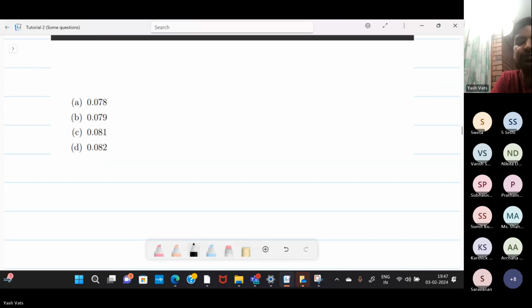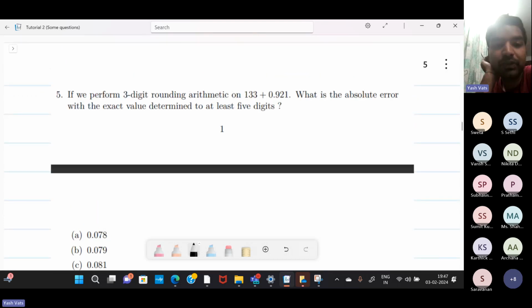Okay, what is, if we perform 3-digit rounding arithmetic on this, what is the absolute error with exact value determined to at least 5 digits? What is this question? I'm not sure how this is to at least 5 digits. Absolute error with exact value determined to at least 5 digits.